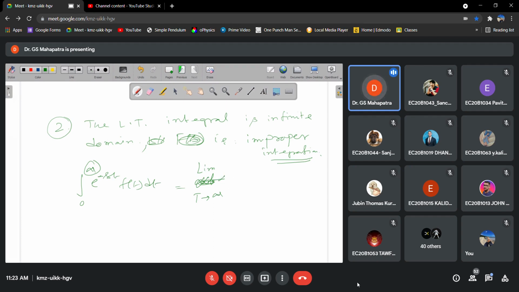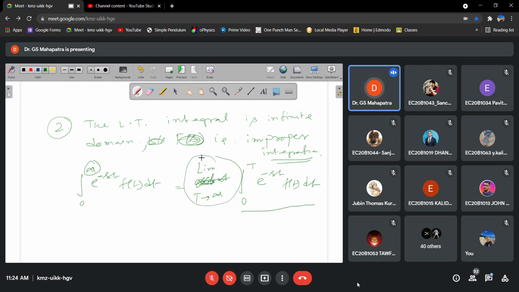Next notes I will write limit. So this integration is from 0 to T, e to the power minus st, f of t dt. There is no relation between capital T and small t; they are just two notations. So first, considering it as a definite proper integral, you evaluate it and then find the limit.